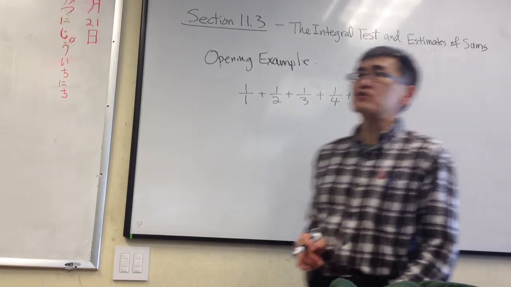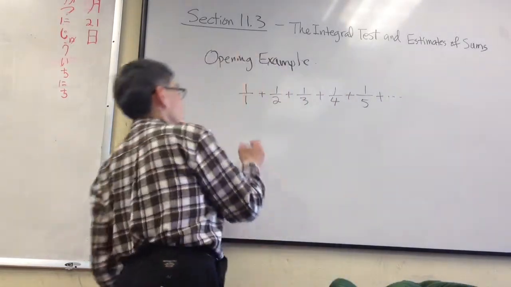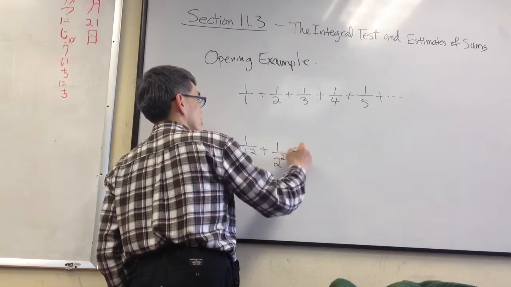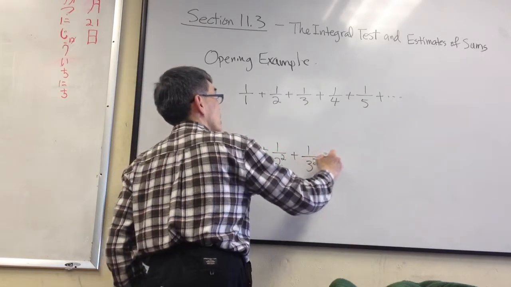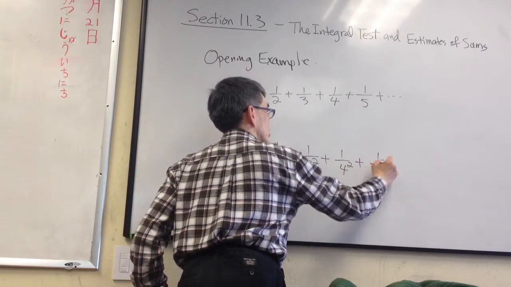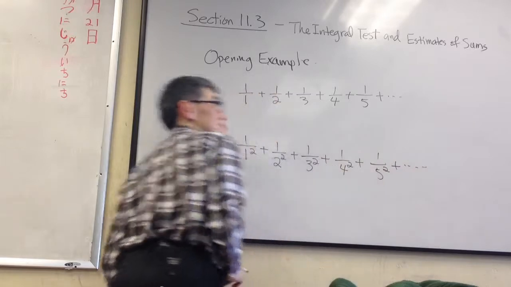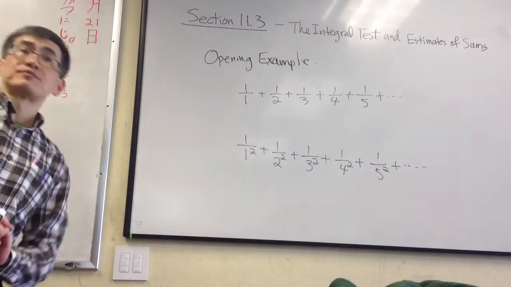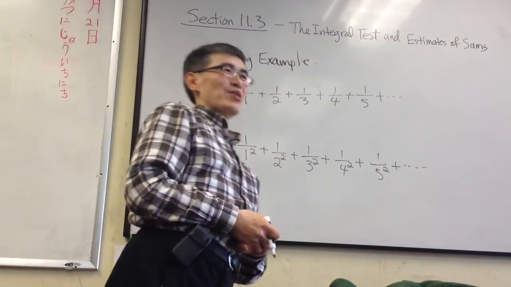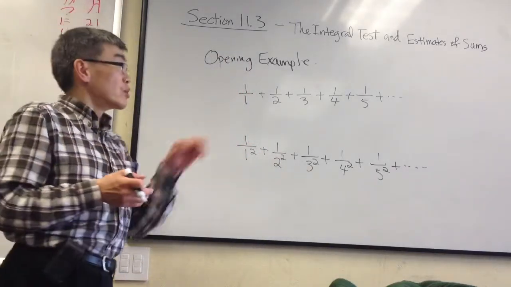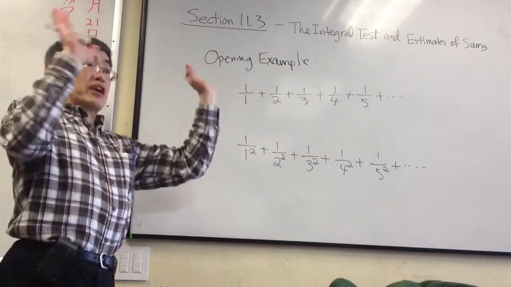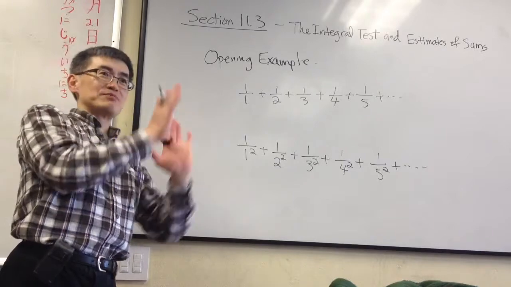And compare this one with the next one, which is 1 over 1 squared plus 1 over 2 squared plus 1 over 3 squared plus 1 over 4 squared plus 1 over 5 squared plus and so on. In either case, the test for divergence says nothing. Because the test says that if the individual terms don't go to 0, then stop, the series must be divergent.